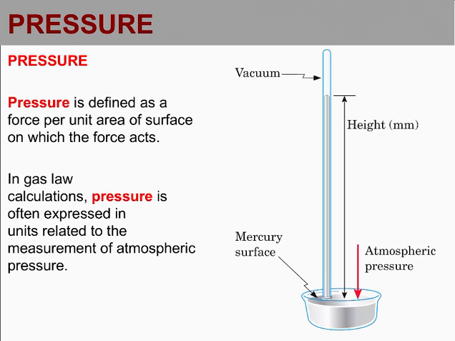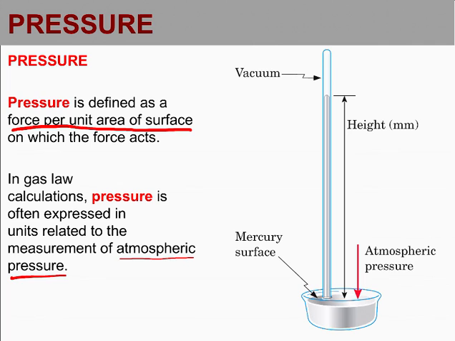So let's start with temperature. Or pressure, excuse me. So pressure is defined as a force per unit area of surface on which the force acts. And in gas law calculations, pressure is often expressed in units related to the measurement of atmospheric pressure.